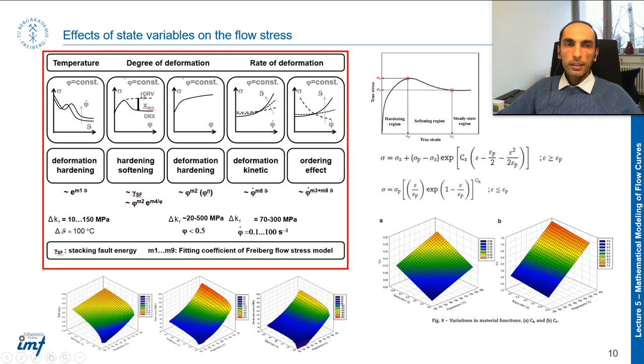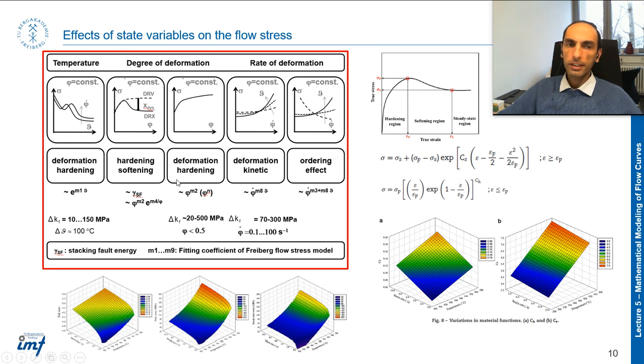So, the dynamic recrystallization and the response of material to the deformation is exactly related to the stacking fault energy here. So with a higher stacking fault energy material, you will see the dynamic recrystallization.